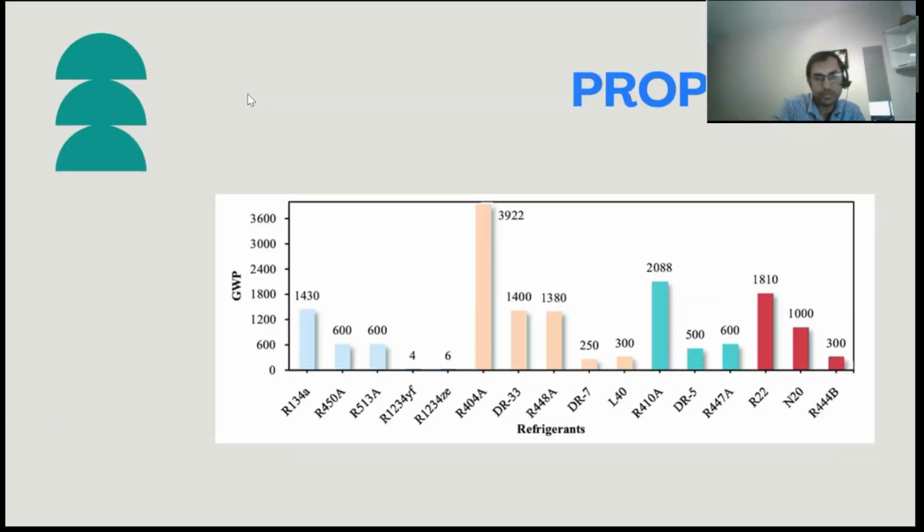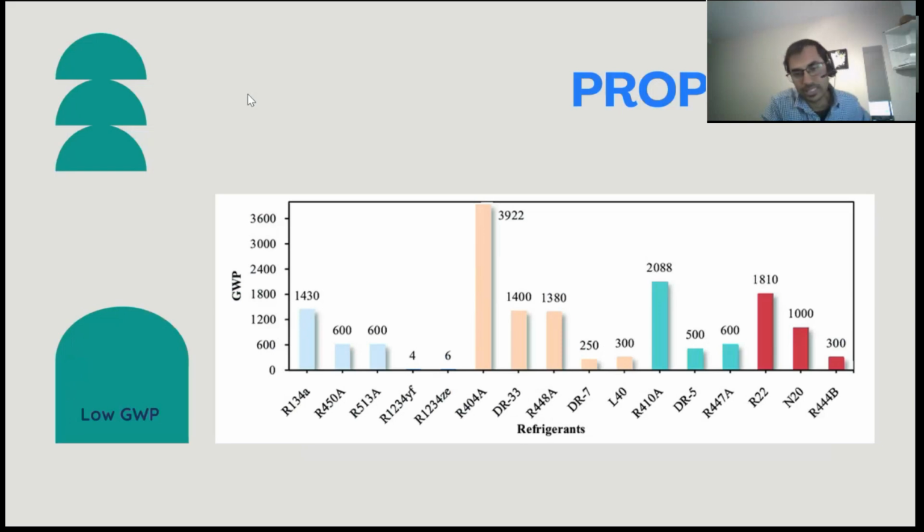One more important criterion is global warming potential, or GWP. This is basically the refrigerant's contribution to increasing the temperature of the earth's atmosphere, so it contributes to global warming. That's why all refrigerants are classified by their global warming potential rating, and a lower global warming potential is always recommended, and it is non-negotiable.